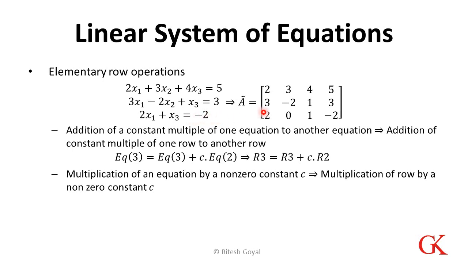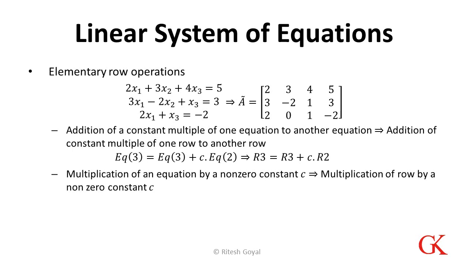The same operation can be achieved on a matrix if we multiply a row by a constant. And again, always remember we are talking about a non-zero constant, because if we multiply by 0, the equation becomes 0 and it's of no use. So this is the third elementary row operation.